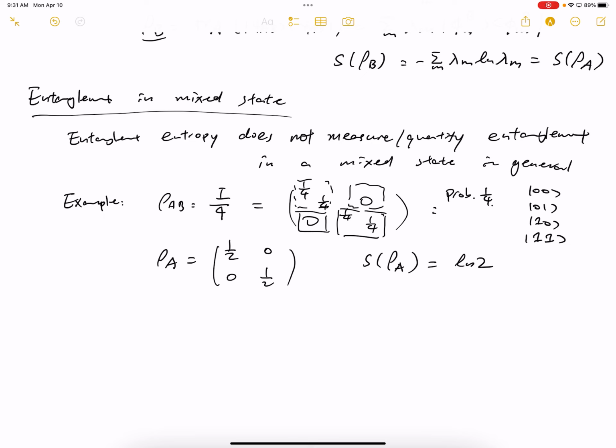And there's absolutely no entanglement in such a state. It just means with 1/4 probability, the system is in one of the 4 product states. So the 2 qubits are not entangled. It's a classical mixture of these 4 product states. So entanglement entropy is not the correct way to quantify the amount of entanglement in such a mixed state.